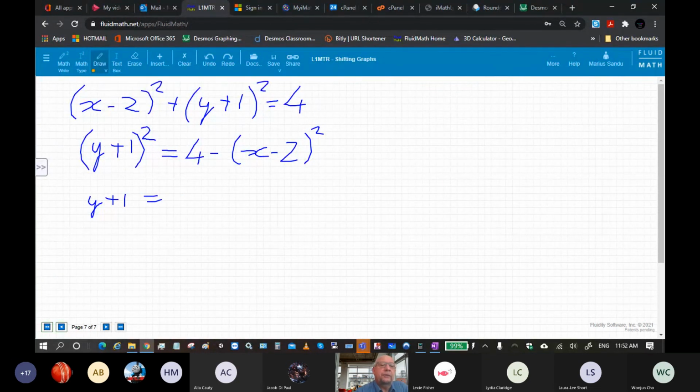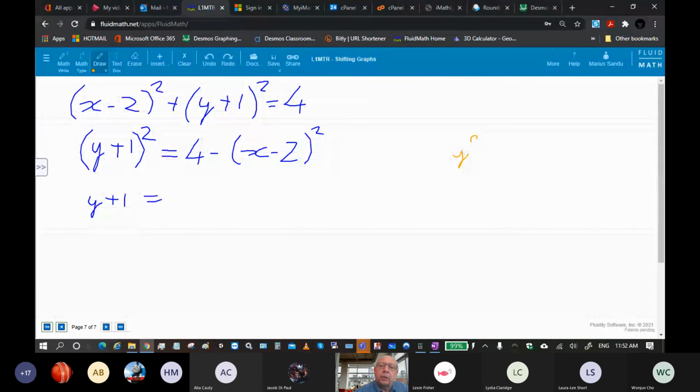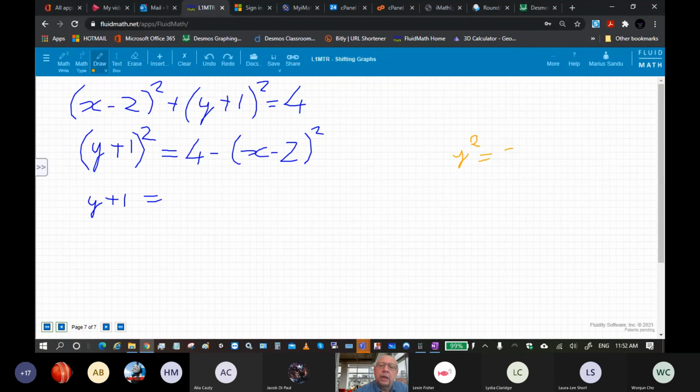Remember that if y squared is equal to 9, y is going to be equal to what? Would it be 3? Just that? Plus minus 3.